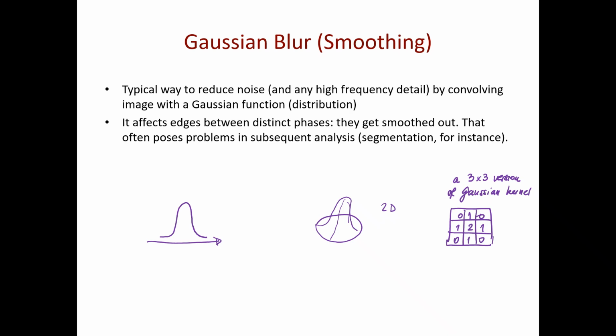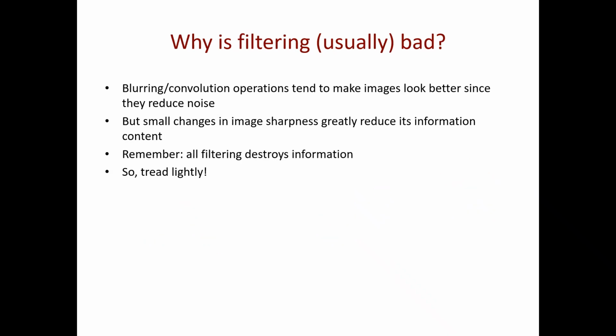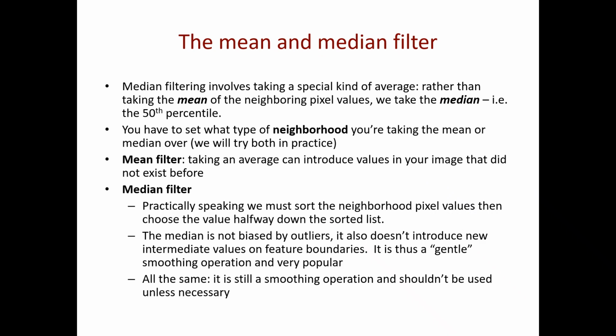But if I'm interested in characterizing those wrinkles, then I shouldn't do it. So smoothing is bad if I'm looking for edges, right? So don't smooth if you're looking for edges. But if you want to remove noise and kind of even things out, then it's great. Okay? All right. So blurring convolution operations tend to make things look better because there is no noise. But that loss of sharpness could affect certain features. Like if you're looking for edges, that can be problematic. So you have to know what you're doing, essentially, and what your ultimate objective is.